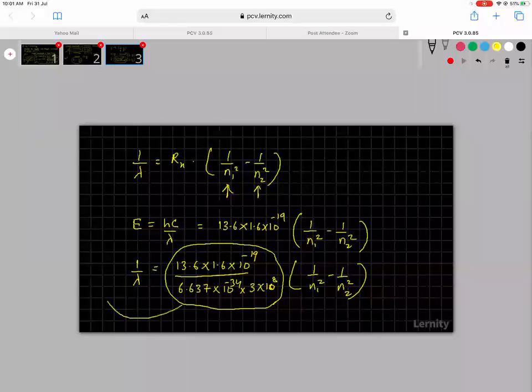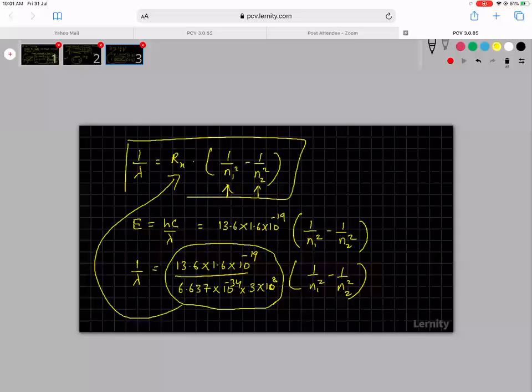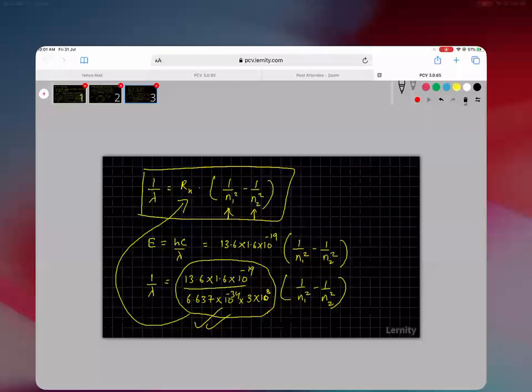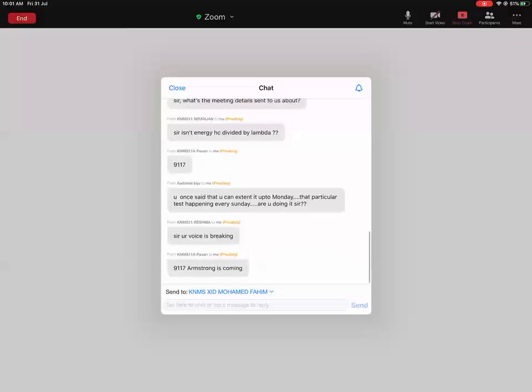If you substitute this directly, you don't have to do all these calculations. You can directly approach and get the answer. Otherwise, all our time goes in trying to calculate this value. So this is how you can find out.